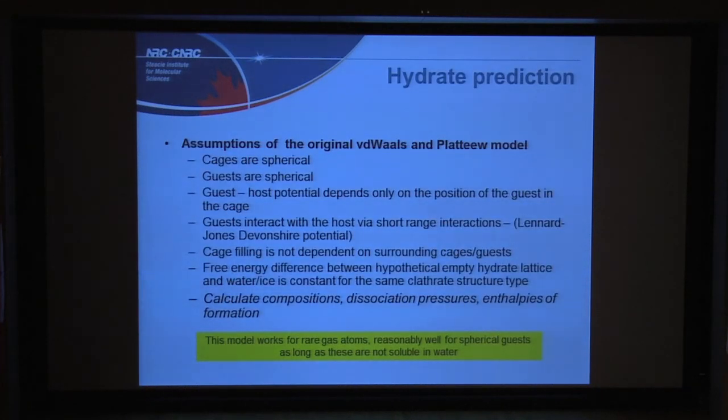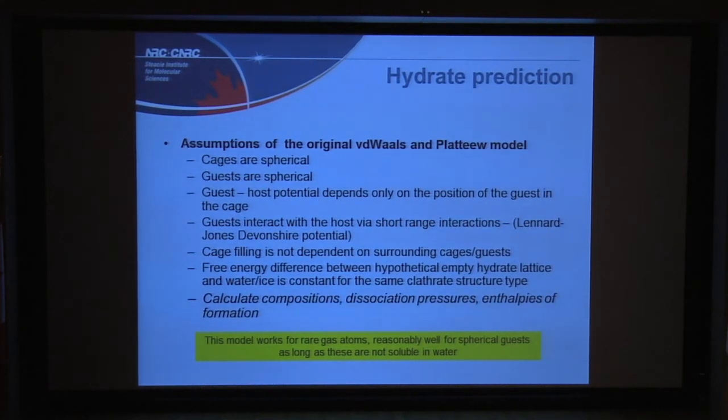So the original van der Waals and Platteeuw model has a number of assumptions. They assume that the cages are spherical, the guests are spherical, and that the guest-host potential depends only on the position of the guest in the cage, so it doesn't depend on the orientation of the guest.